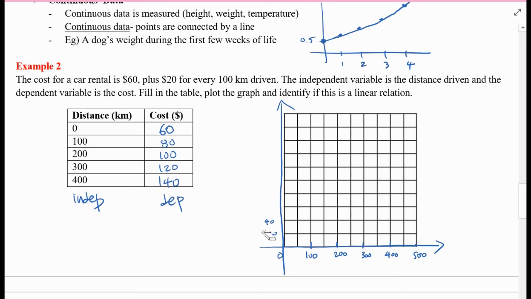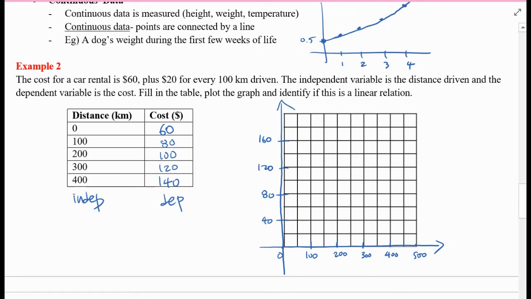So I would decide the increment to be 20. So 40, 80, 120, and 160. So every unit is increased by 20. So 2 units increased by 40. Okay.